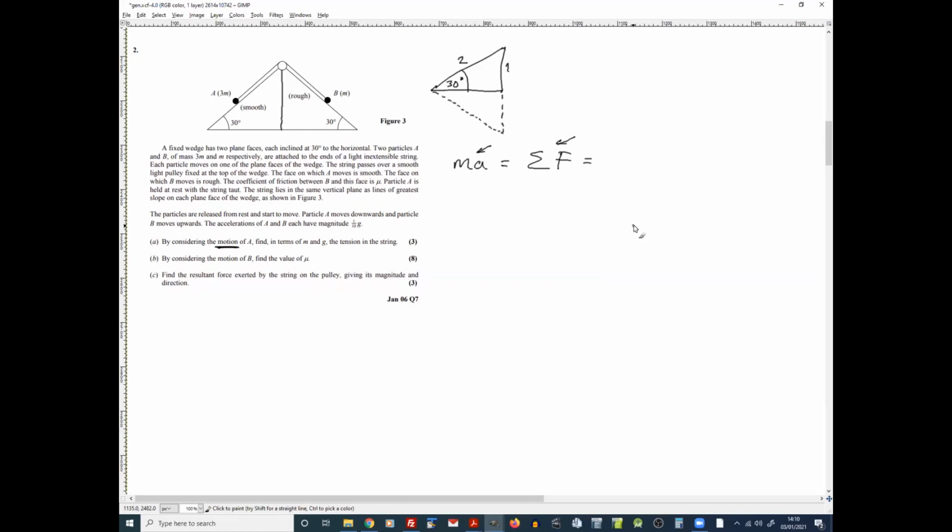Okay, well there's the weight. And how much of that weight is acting down the slope? Hold on, let me think. So the weight acting vertically is how big?